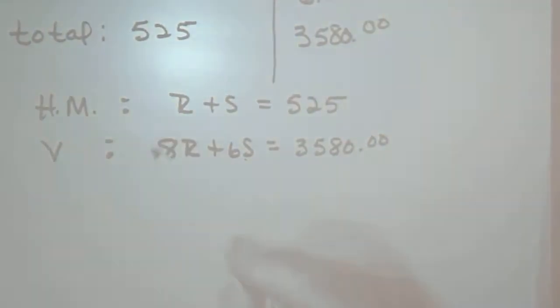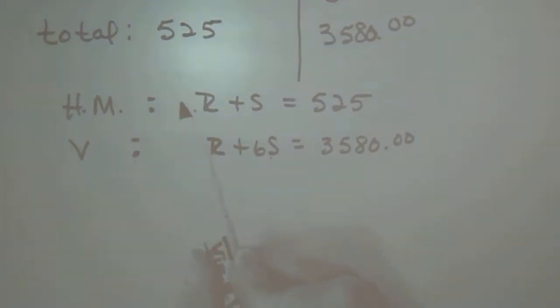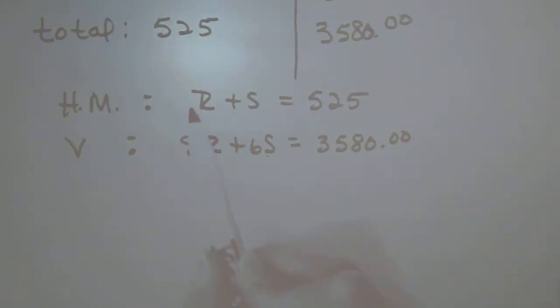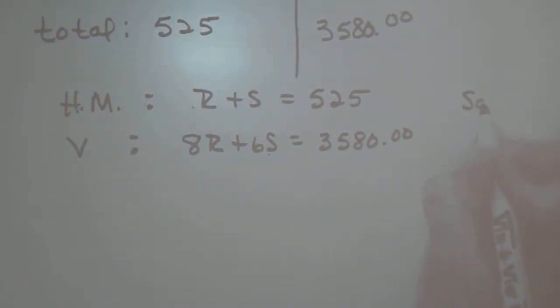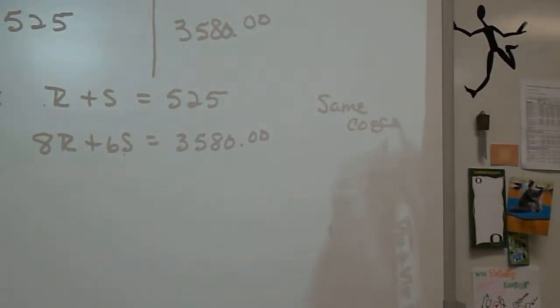We know that we're looking for seniors, so I'm going to eliminate the regular ticket buyers. If I'm going to eliminate R's, I know I need the same coefficient, but opposite sign.